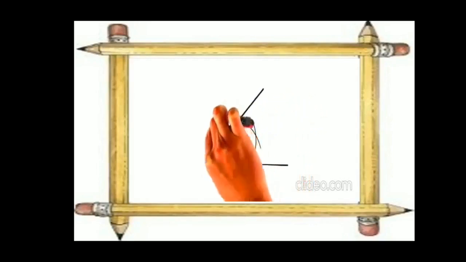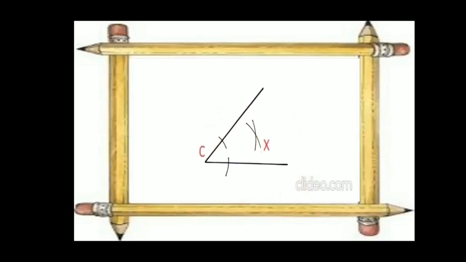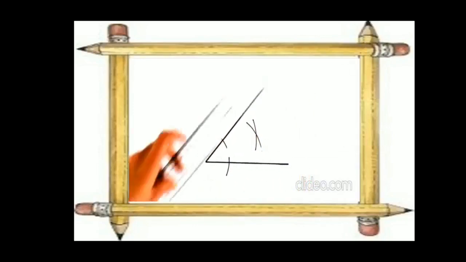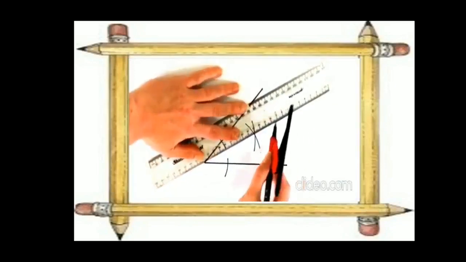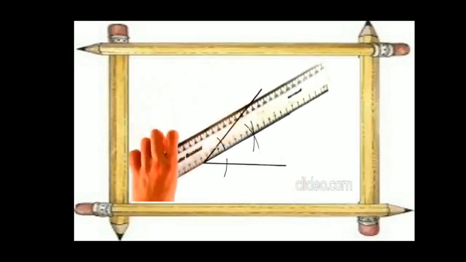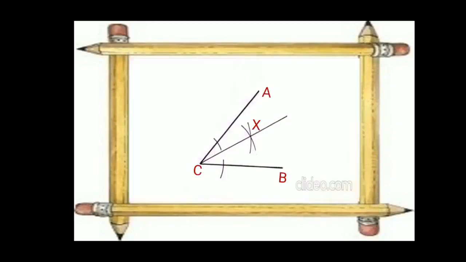For both of these you can use any radius. Now the new point is X, and now you join the 2 points C and X using a scale, and the line will be like this, and this line is the angle bisector of the given angle.